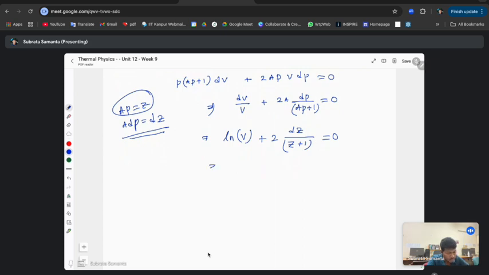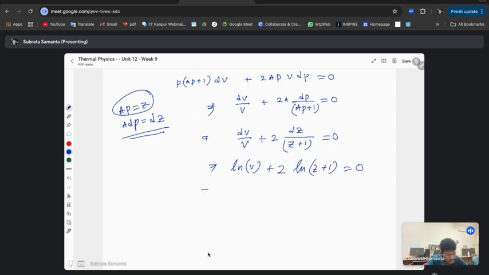Sorry, I have not performed any integrations yet. So now if we integrate this, this is basically ln V plus 2 ln (Z plus 1) equals to a constant.